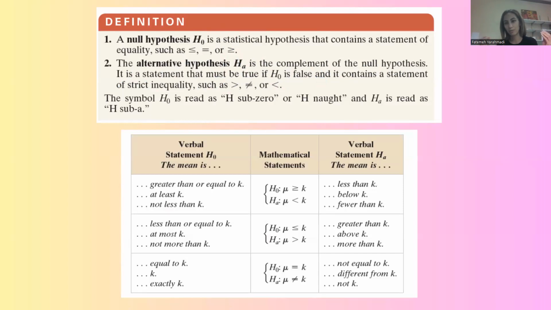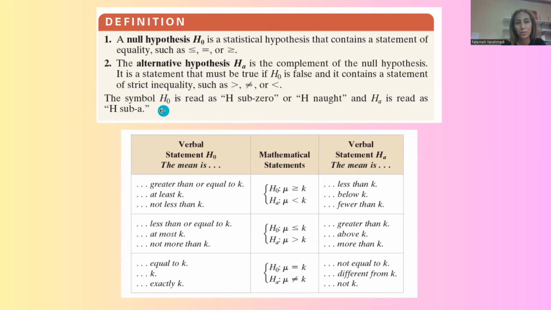Think about it this way. Hey, my GPA is exactly 4. That is a null hypothesis. Its complement is, well, it's not 4. GPA is not 4. With the null hypothesis and alternative hypothesis, we can investigate the truth or falsity of each one of these statements.